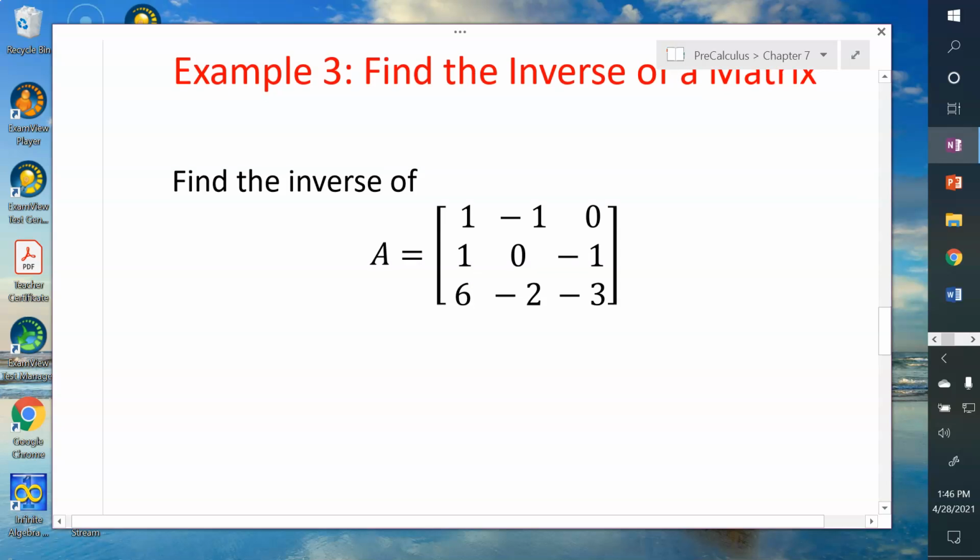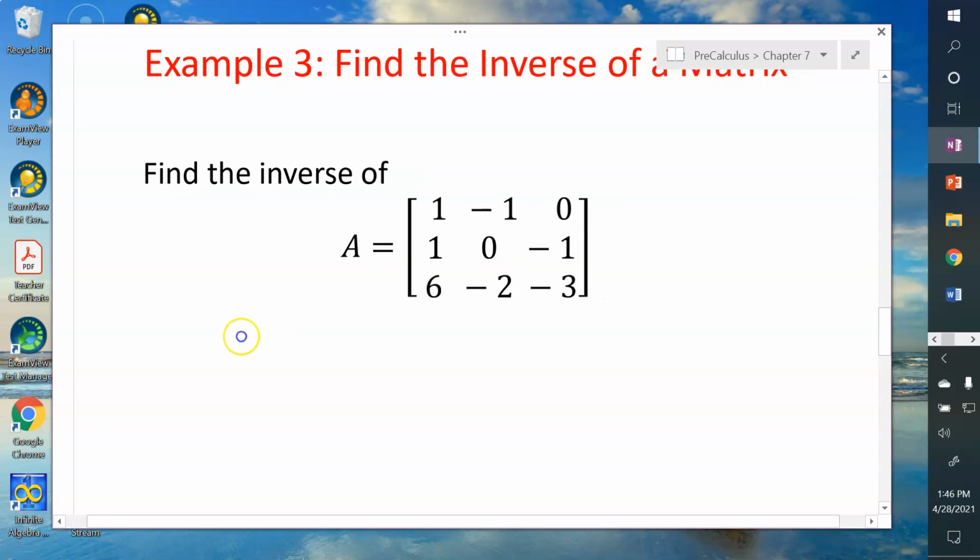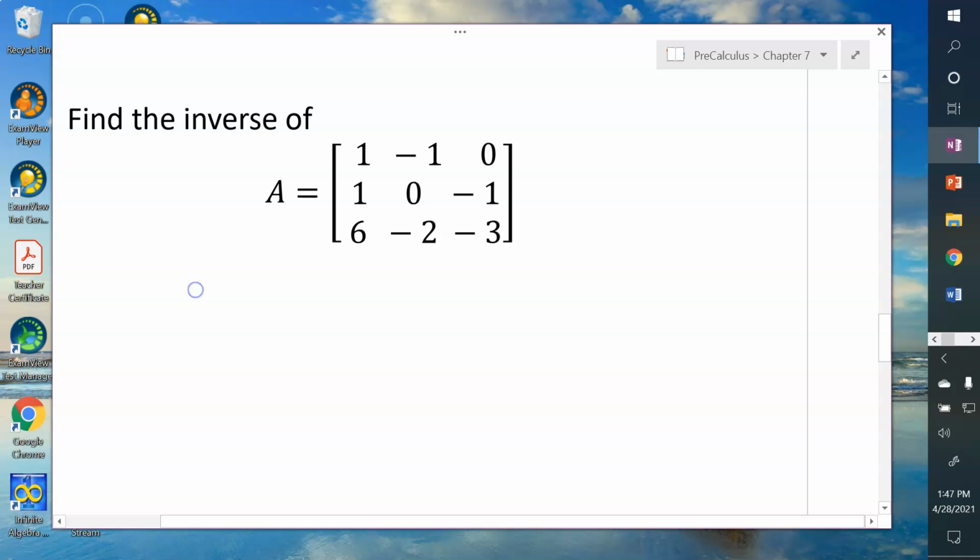Okay, now what if I ask you to invert a 3 by 3 matrix? I could do lots of row operations, or I can use my calculator. And for 3 by 3 and up, I'm going to say use your calculator. So on your calculators, enter this matrix.